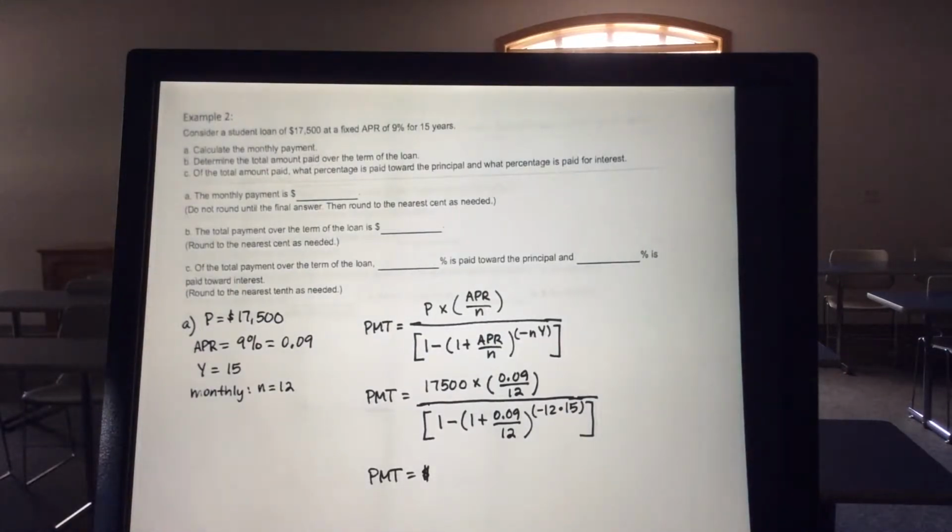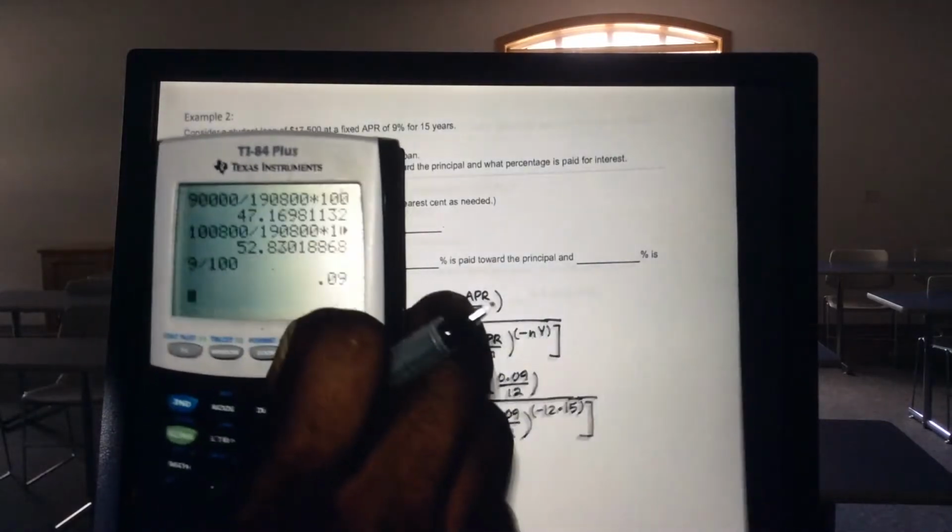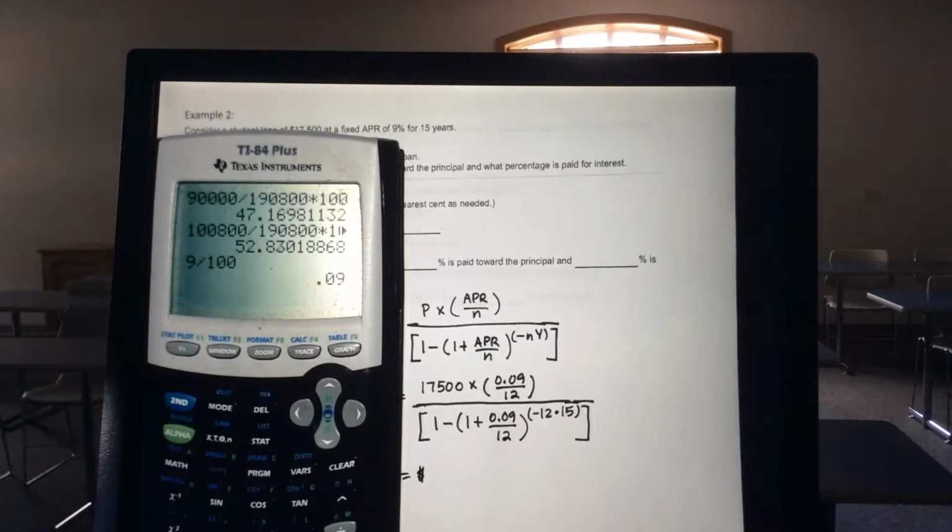Now all of this can be typed in the calculator here, as you will see. So the numerator, I'm going to do left parentheses 17,500 times 0.09 divided by 12, close parentheses.